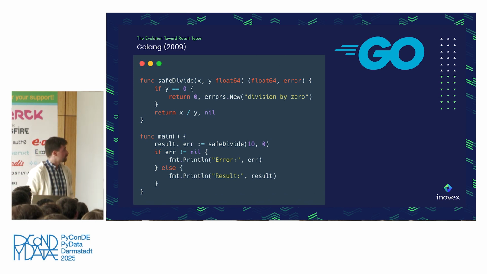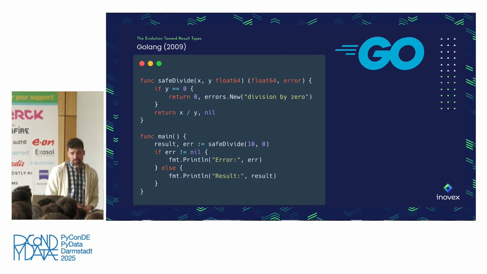So just before we go to Python, how do other programming languages solve this? It's always good to look beyond your own domain. What do other programming languages do? So let's say Go. We have some safe divide function where, in case the user says divide by 0, we want to raise an error.